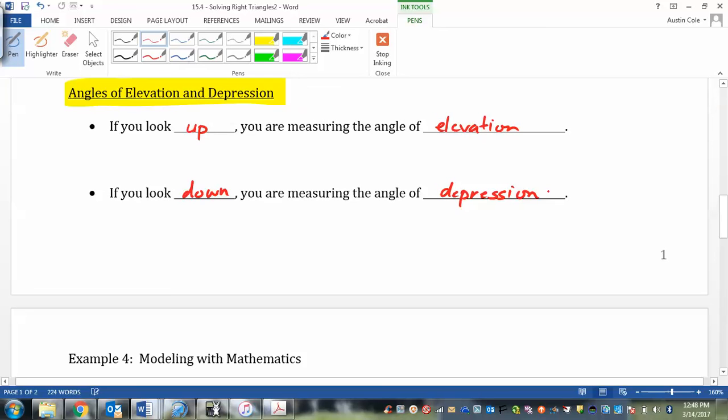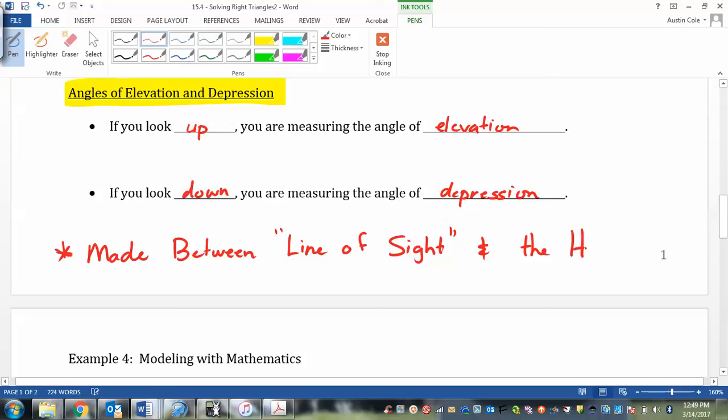Now, down here at the bottom, both of these are made between the line of sight and the horizontal.